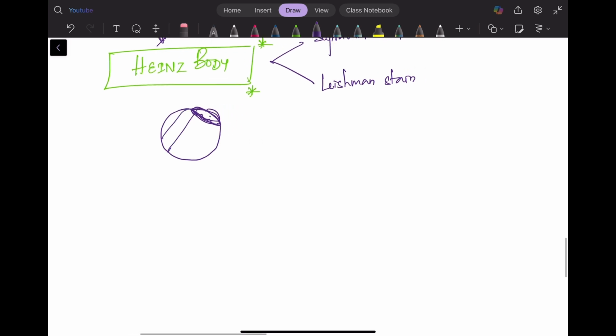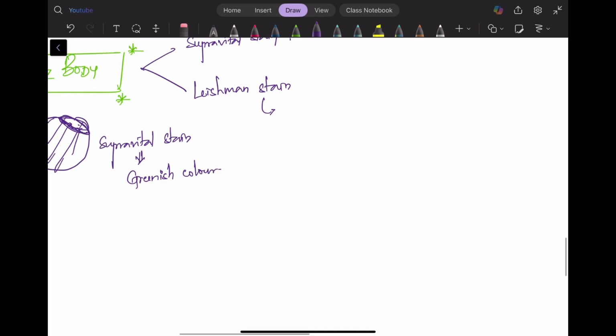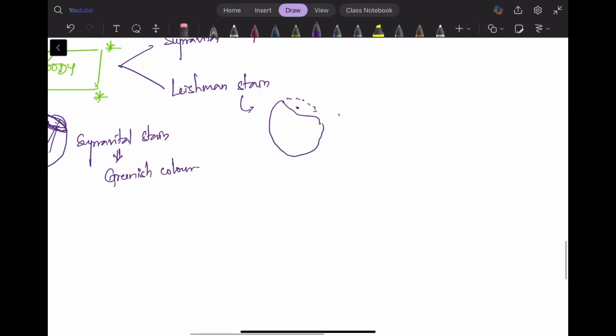this complete portion you will see in the supravital stain, which appears in a greenish color. Whereas in the Leishman stain, you see it as a bitten type, this portion is missing, which is called a bite cell.